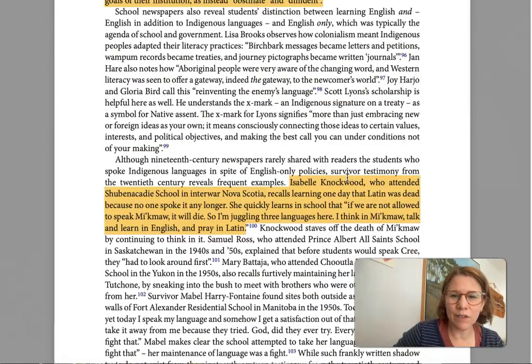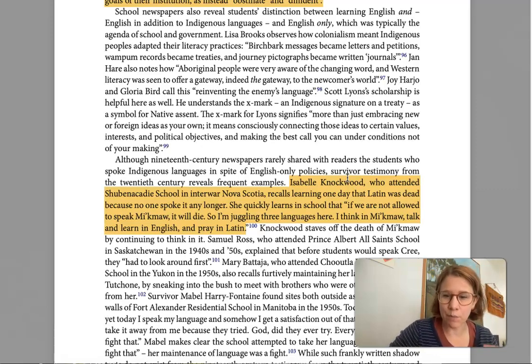And when we do study Augie Merasty's memoir, he'll talk about using, he'll speak in Cree when he doesn't want the nuns and brothers to understand him. So he'll speak Cree with his friends, and they'll plan a little prank or something like that.